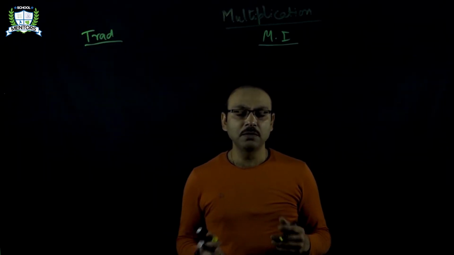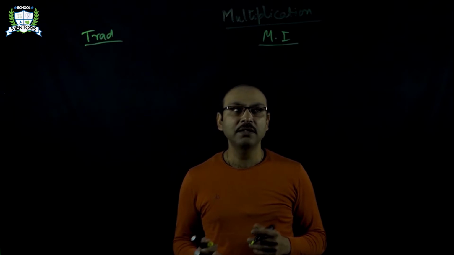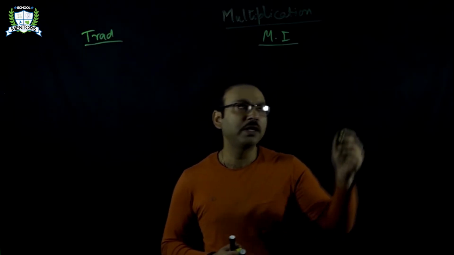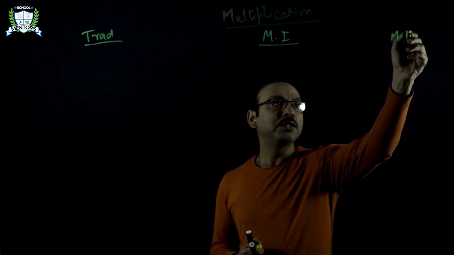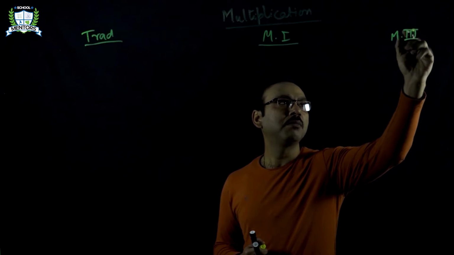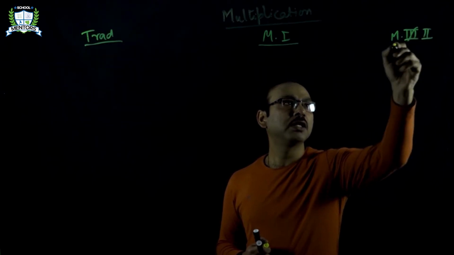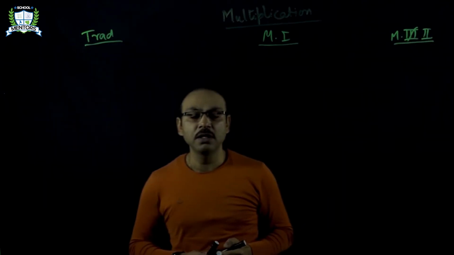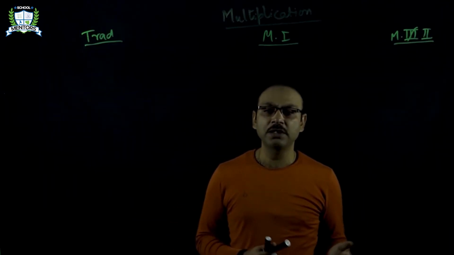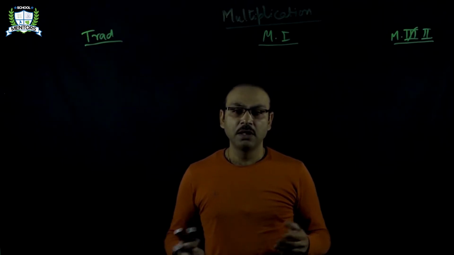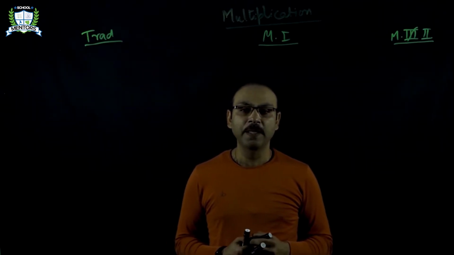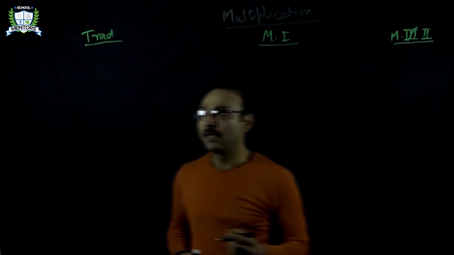But when we go up to 4 or 5 digits, that is the time when we have to look at method number 2, which is much easier for 4-digit multiplication into 3-digit multiplication, or even bigger than that. So let's get along with that.